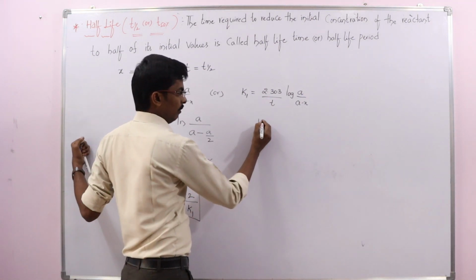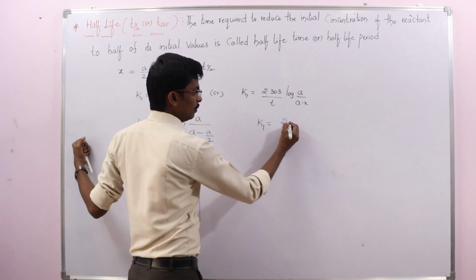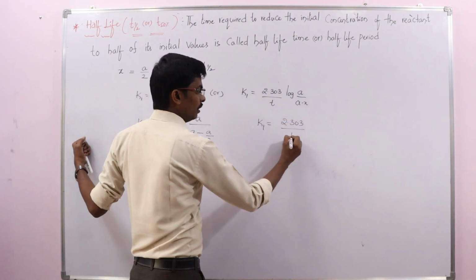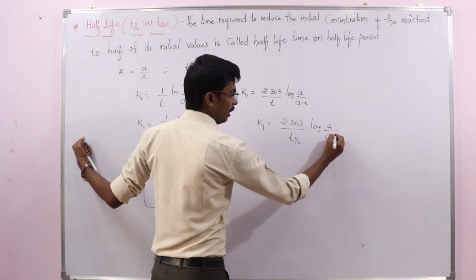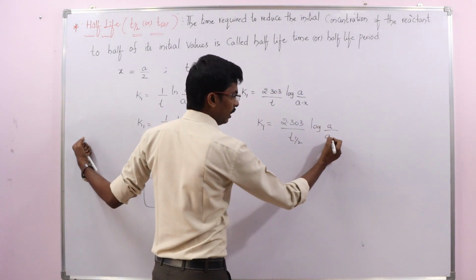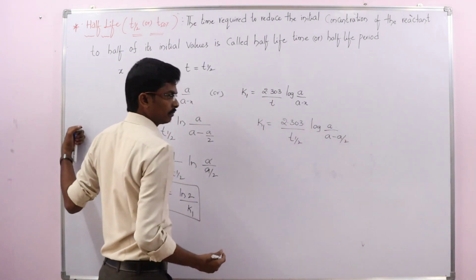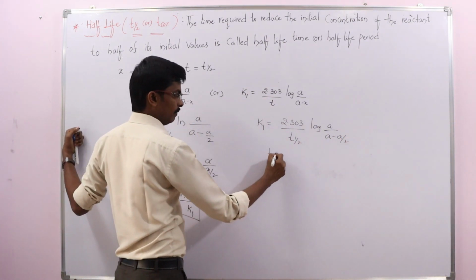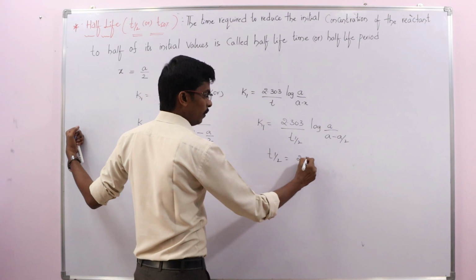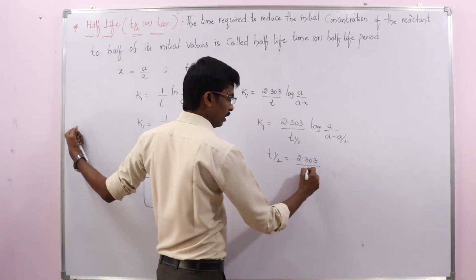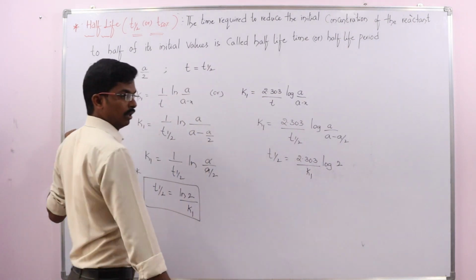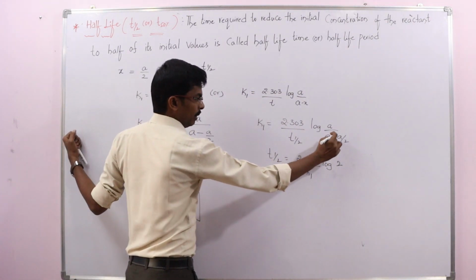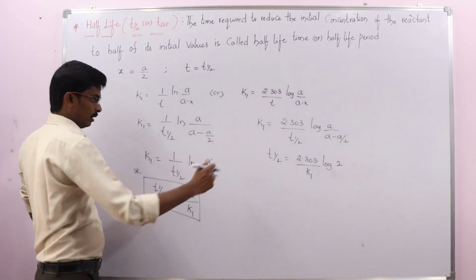Otherwise, when you substitute into K1 is equal to 2.303 by T of 50% log A by, directly writing, A minus A by 2, T of 50% is equal to 2.303 by K1 log 2. So A minus A by 2, A gets cancelled, and we are left with log 2.